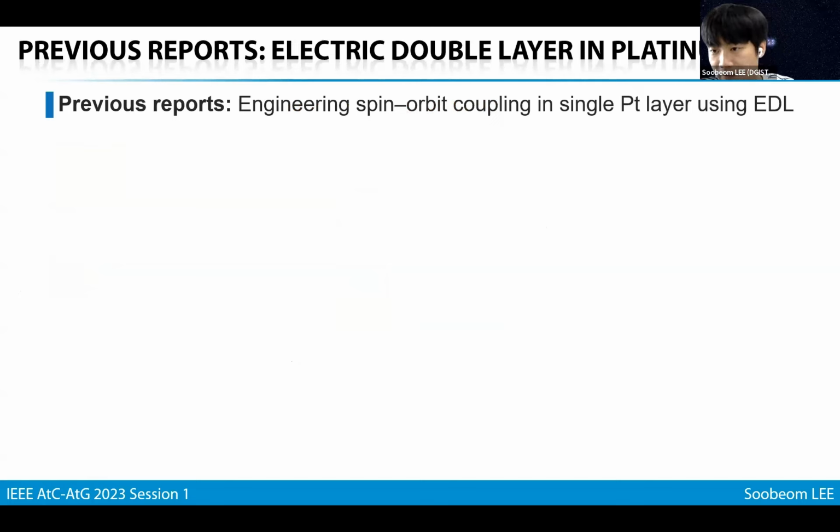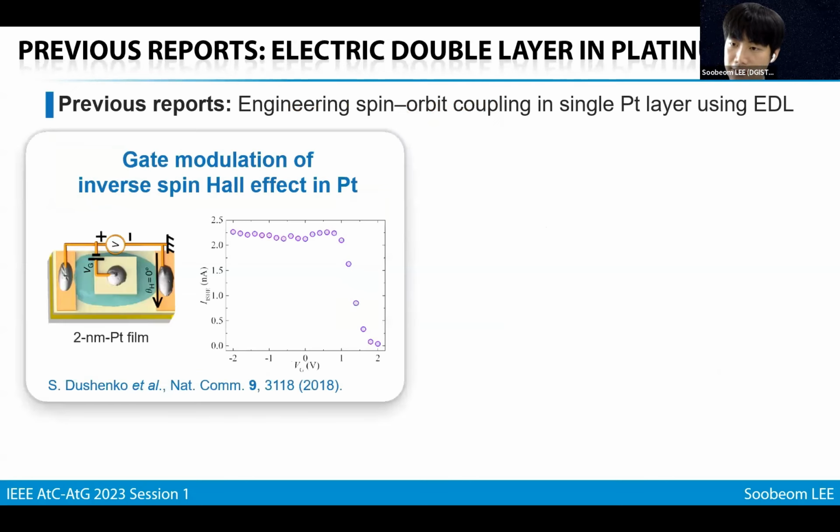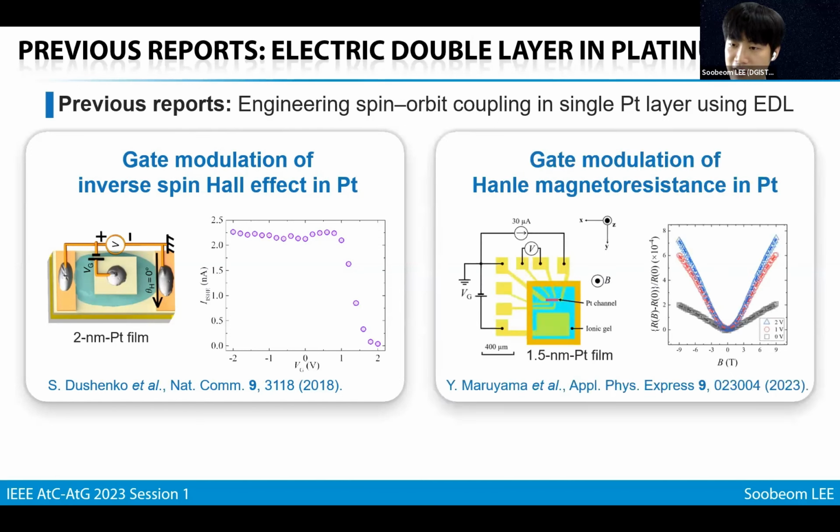Actually, previous reports have demonstrated electrical engineering of spin orbit coupling in a single platinum layer using the electric double layer. Dr. Dushenko reported gate-tunable inverse spin Hall effect in a 2 nanometer thick single platinum film. And Moriyama also reported gate modulation of Hall magnetoresistance in a 1.5 nanometer thick single platinum film.